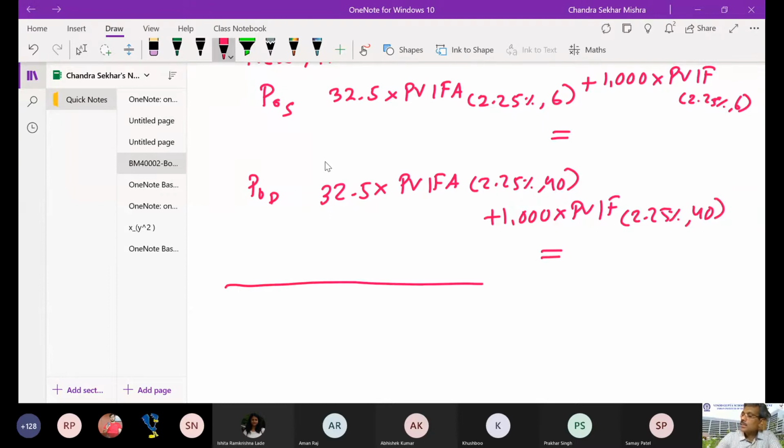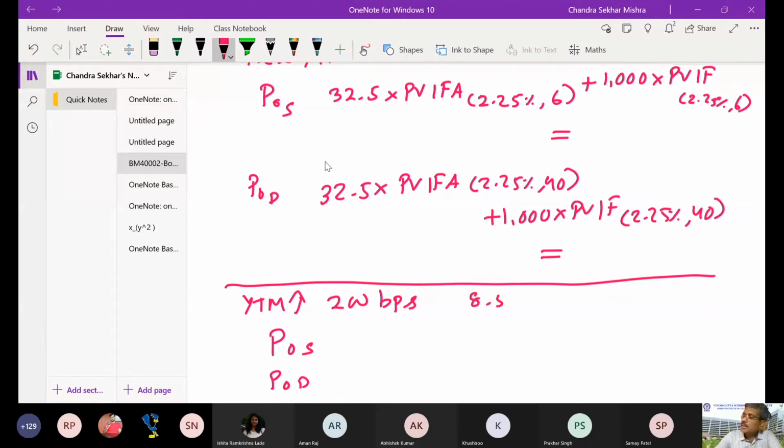Similarly, let me do all these things here. Suppose the YTM increases by 200 basis points. What will be the value? It will again be P0 of S and P0 of D, and your YTM in this case will be 6.5 plus 2, which becomes 8.5%.